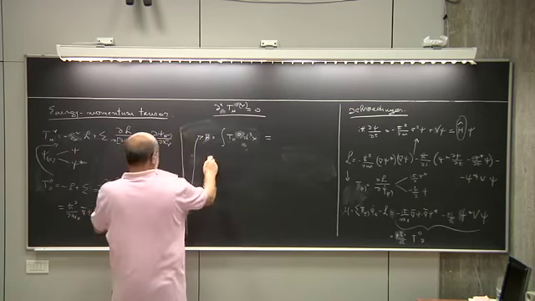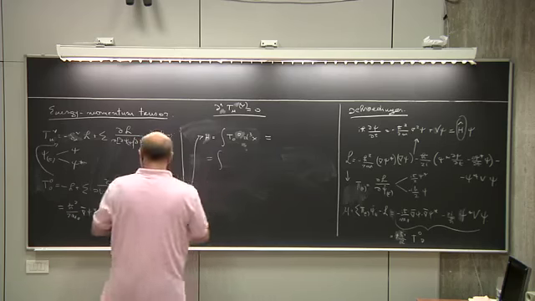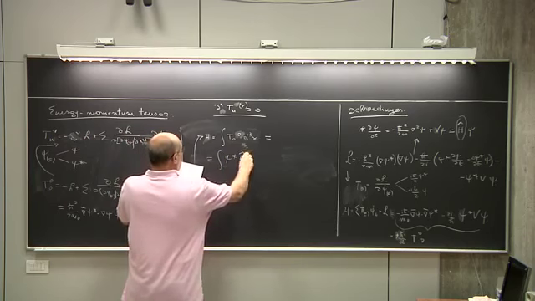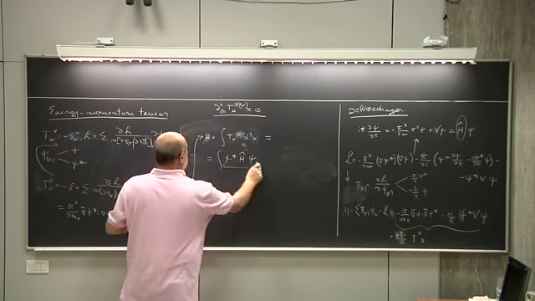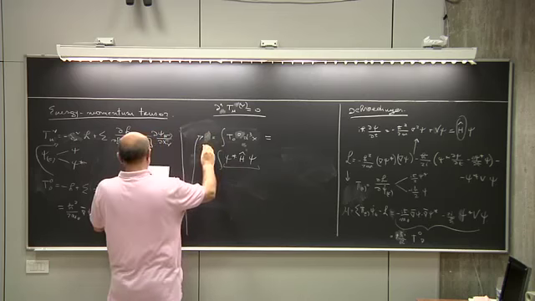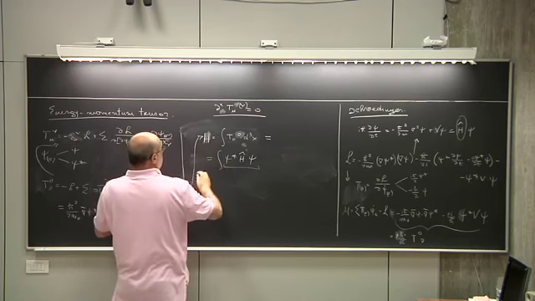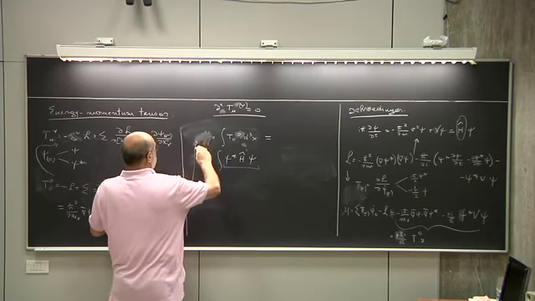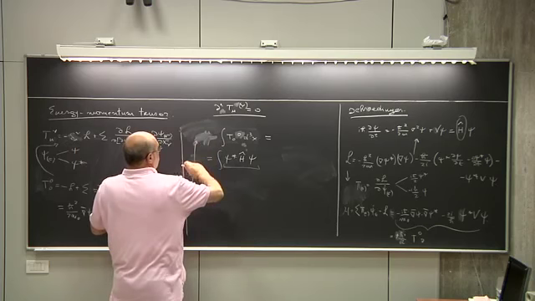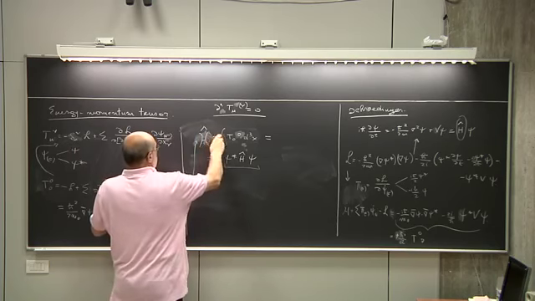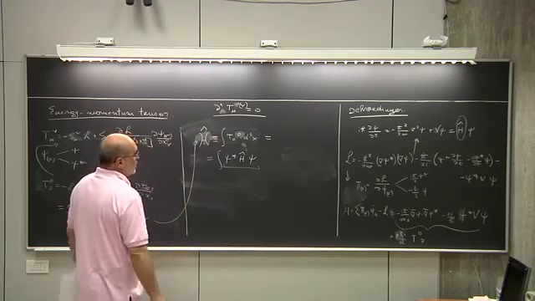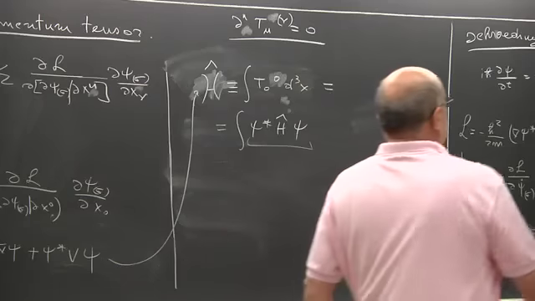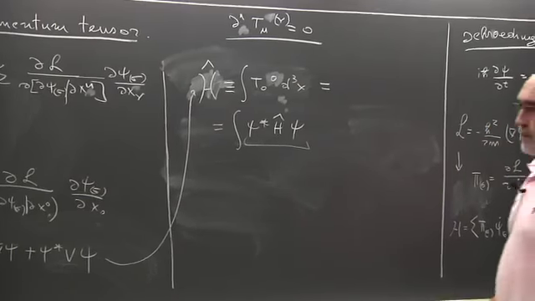Let's look at the expression, and if you look at this expression, just put it in, and you get psi star H psi. Let's call this object, I don't know how to call it, but let's call it in this manner, okay? So we know it's conserved, and look, it can be written in this manner using this first order operator.